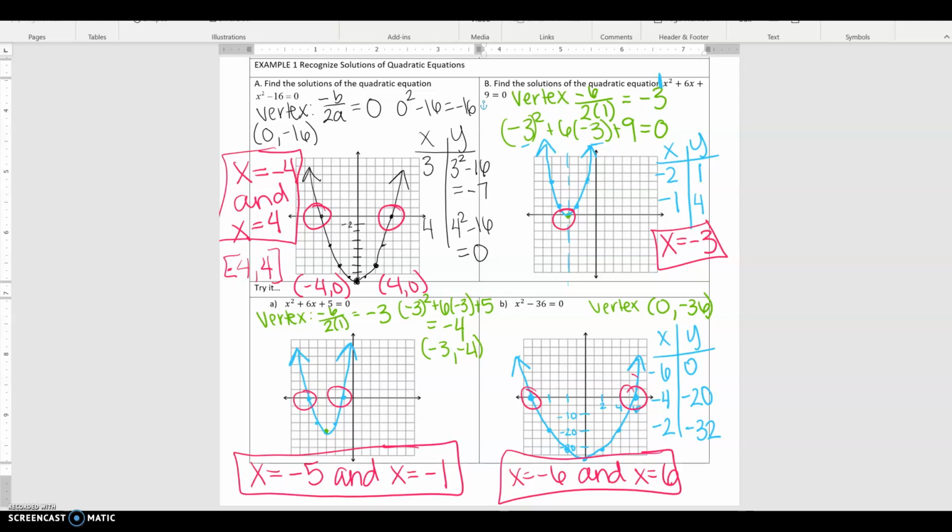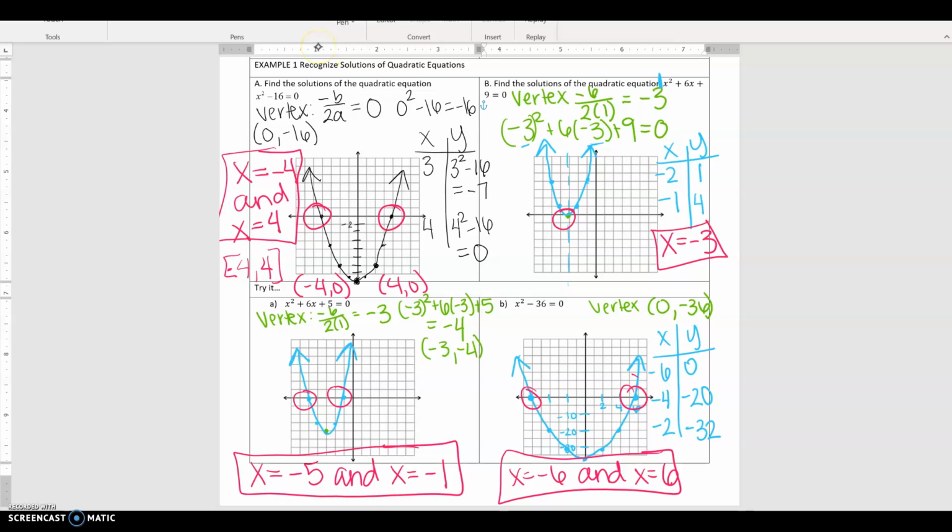So negative 6 squared is 36, minus 36 is 0. Negative 4 squared, 16, minus 36, negative 20, and so on. So our x-intercepts are negative 6 and 6. So our solutions are x equals negative 6 and 6.